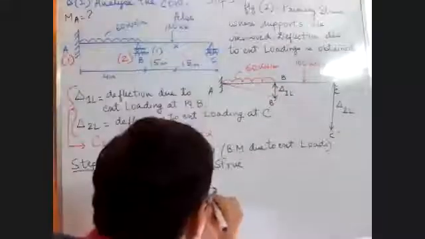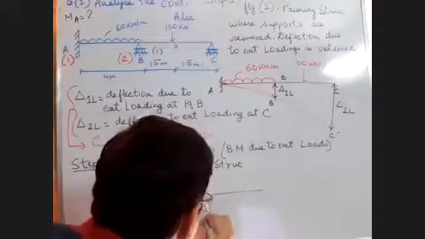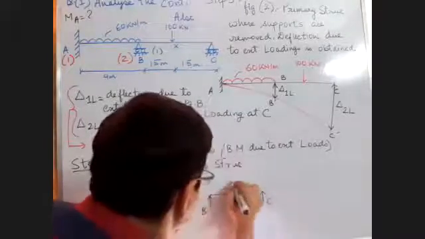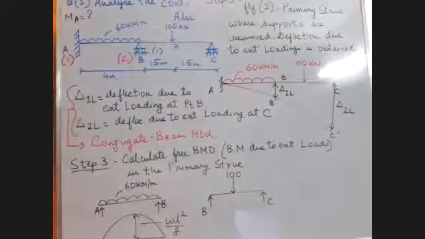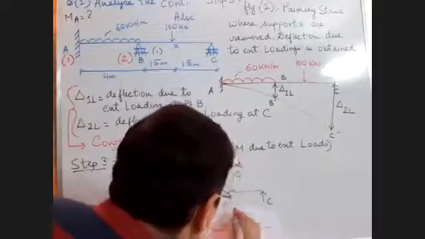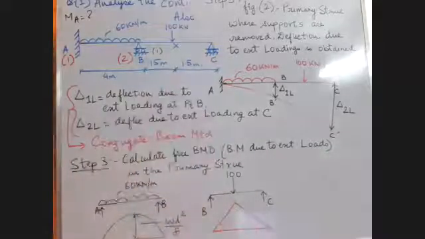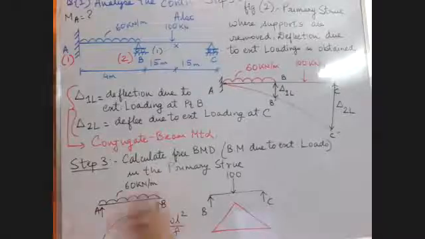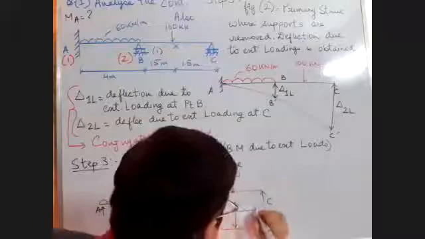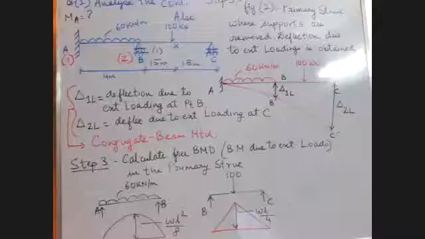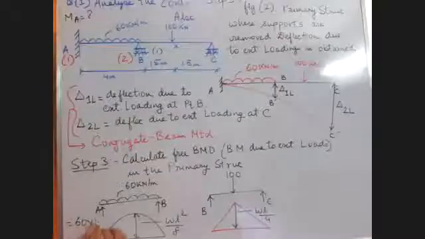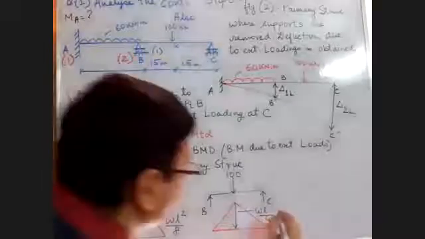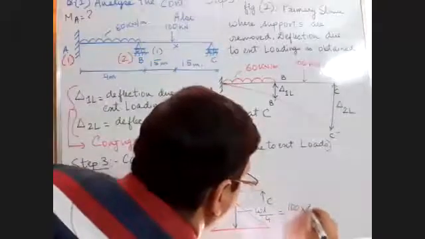And BC has a point load, so WL by 4. So this will be 60 into 4 square by 8, and this is 100 into 3 by 4.